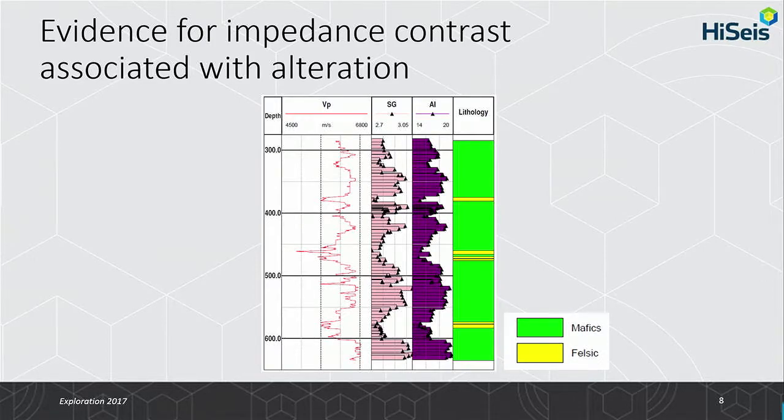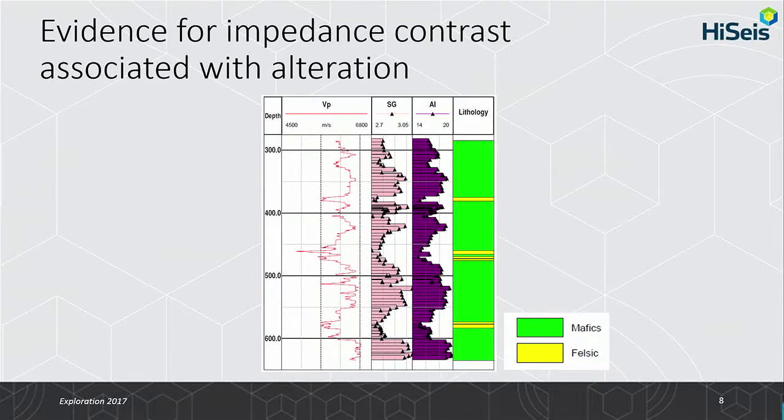So just an example of one of the logs that we have, actually a downhole log in this example, but simplified lithological log on the right, showing felsic intrusives in a mafic host. And up the top, you can see a very sharp contrast in acoustic impedance associated with that felsic intrusive.